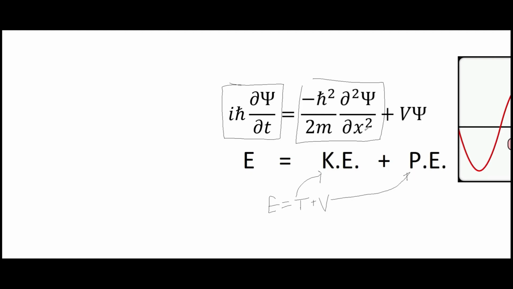And so the potential can be a lot of different things. Probably what you will end up thinking about sometimes in chemistry and quantum mechanics is the potential energy of the nucleus. So we have the nucleus, and then we have an electron here.